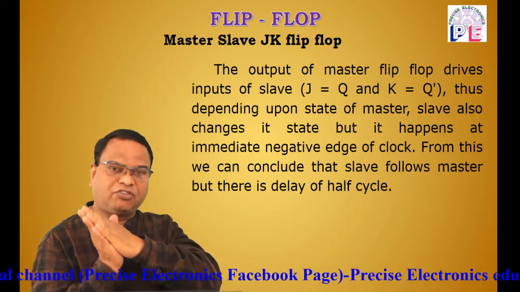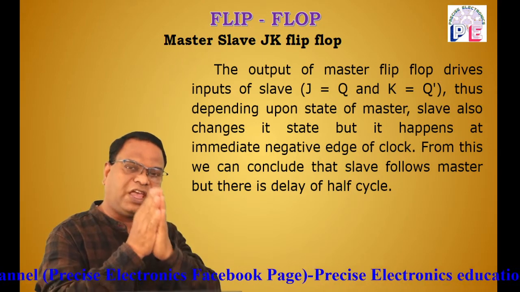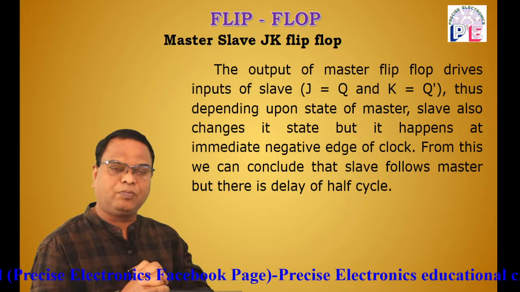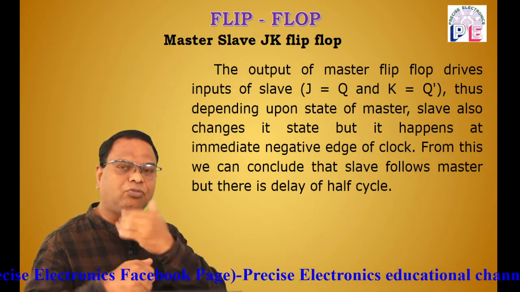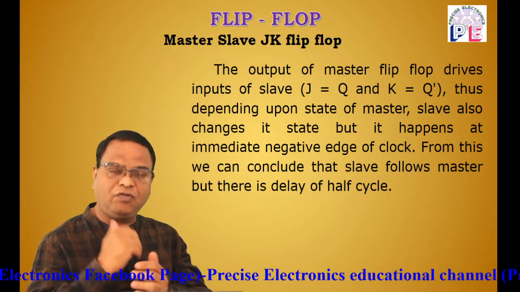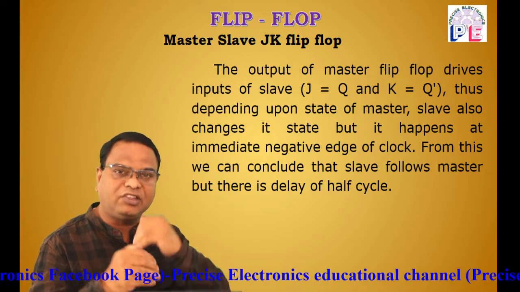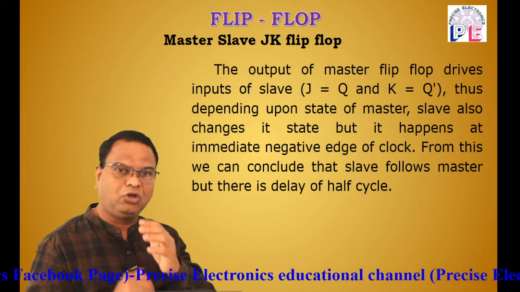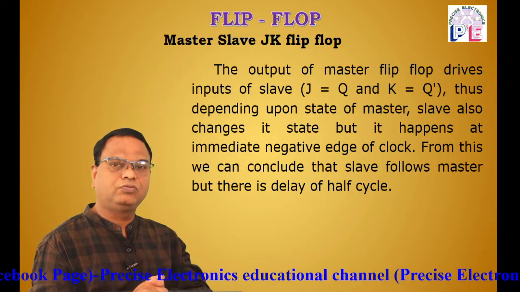So the master flip-flop drives the J and K inputs of the slave flip-flop. And as per the state of the master flip-flop, the slave flip-flop also enters a particular state, that is set mode, reset mode, or toggle mode.